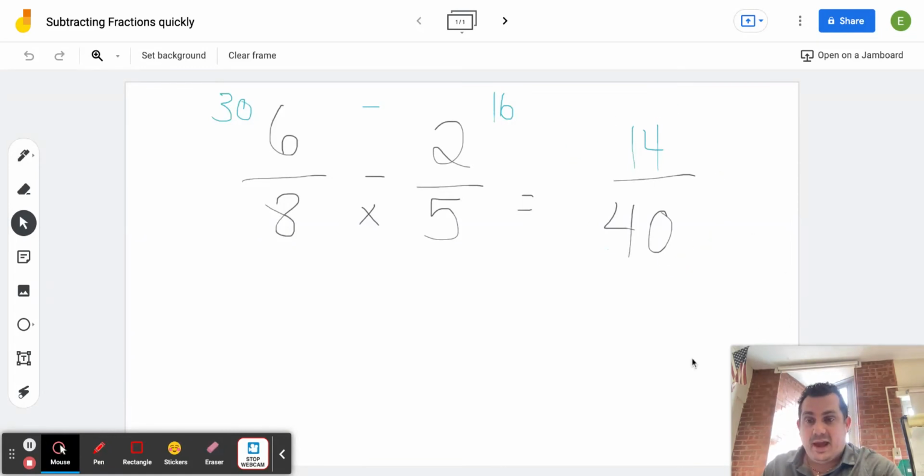Now we have 14 over 40, and I'm taking a look. I can't find my sticky note. Remember, this isn't in simplest form. You will need to reduce.